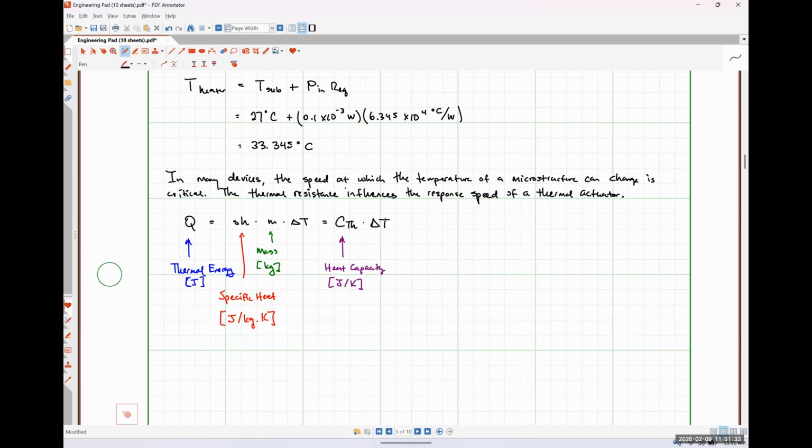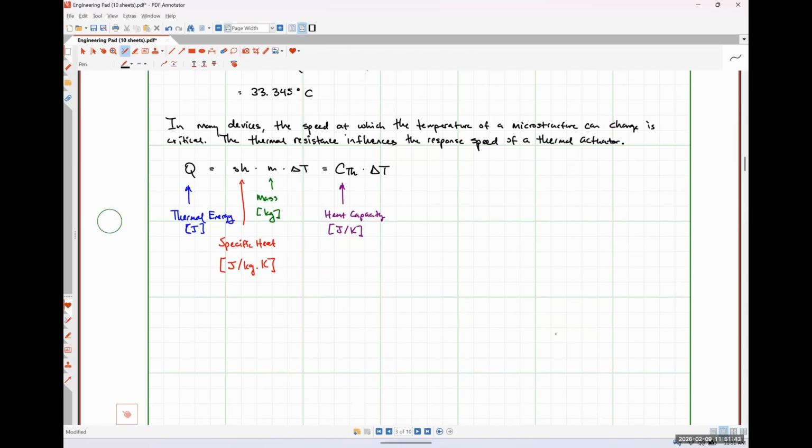Okay. And from this, we can determine a time constant using our electrical analogs for a heat transfer system. Okay. So I'm just going to make a note here. Analogous to electrical capacitance.